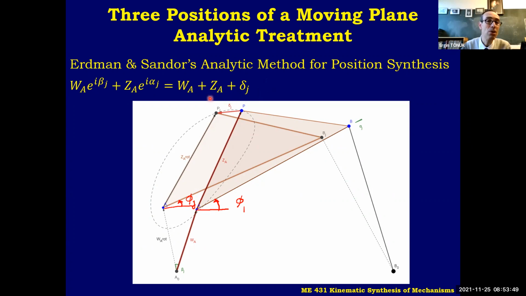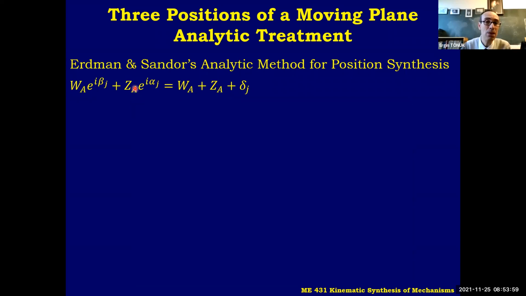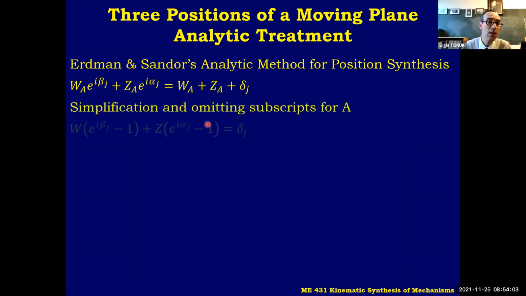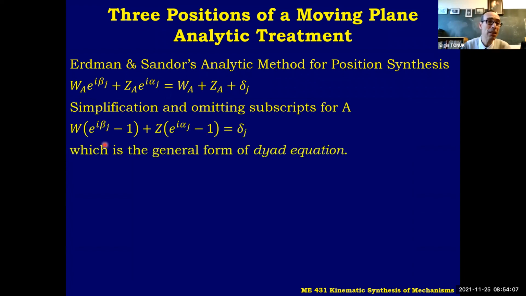So what we do is we have the same WA on both sides. So we take this to this side, we take this to that side. So we obtain from this equation that equation, and actually we also omit the subscript A's, and actually it's true for subscript B's as well.